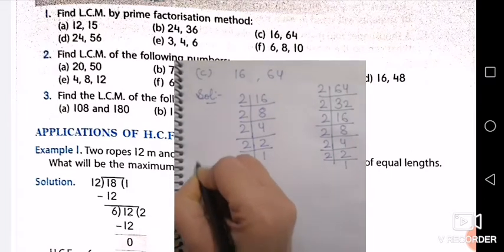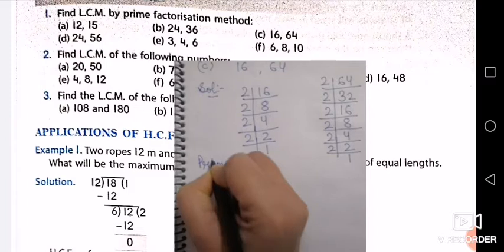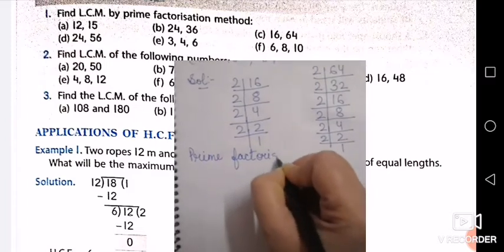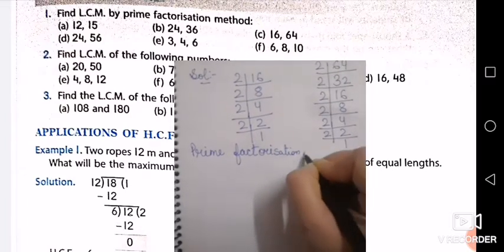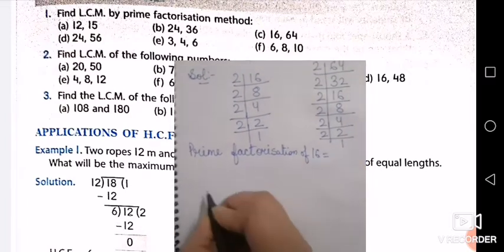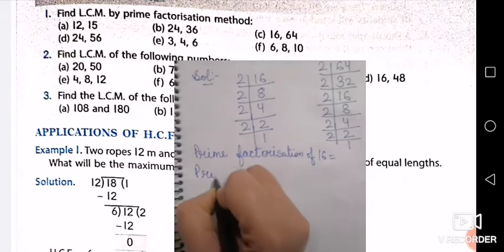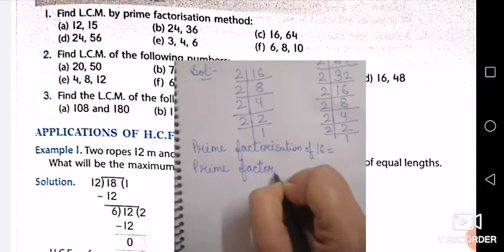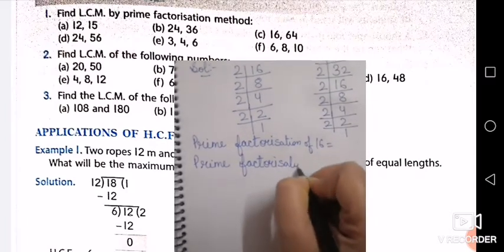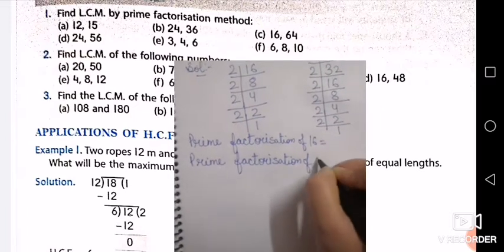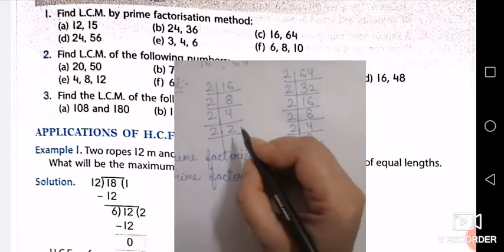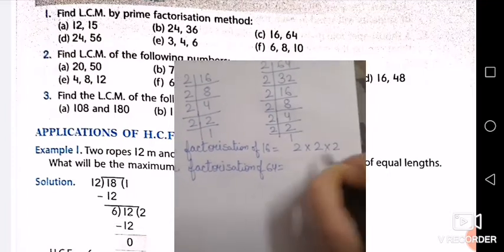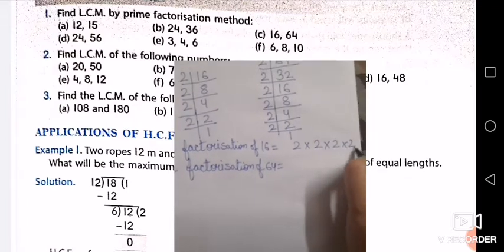Now write down the prime factorization of both the numbers. Prime factorization of 16 and then prime factorization of 64. So let's start this prime factorization here. 2 multiply by 2 multiply by 2 multiply by 2.